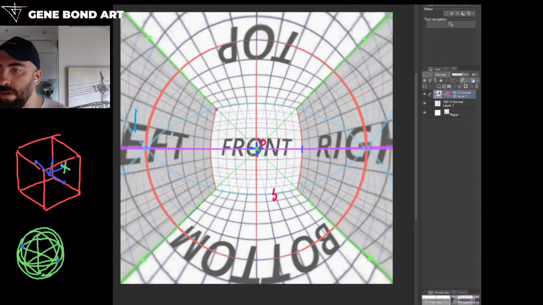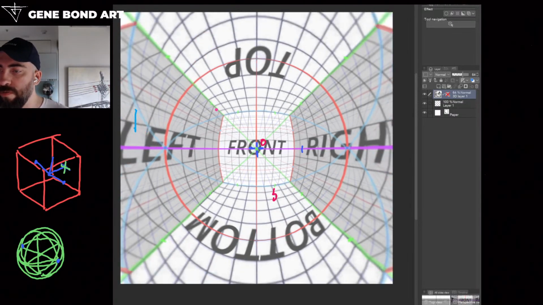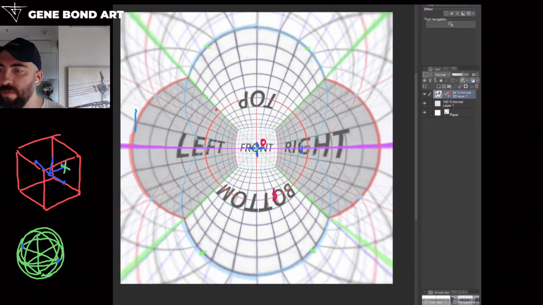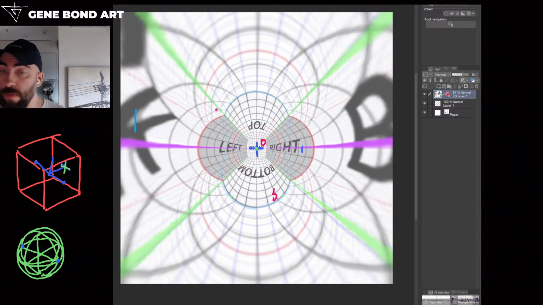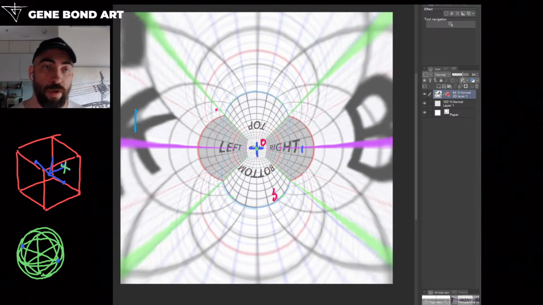Okay, so now let's go further. Right? So let's make it 6-point perspective. So when we have this 6-point perspective, it's the same camera direction, right? But now we can see the back wall.